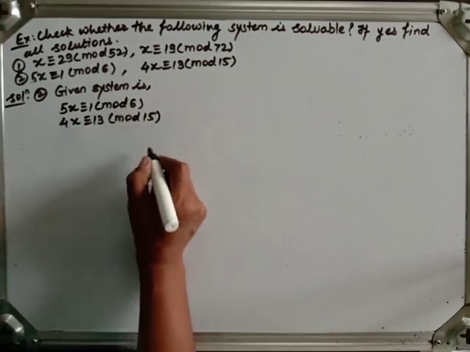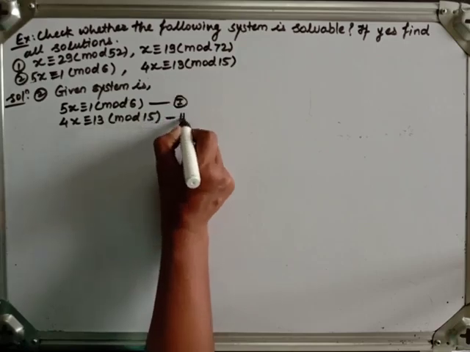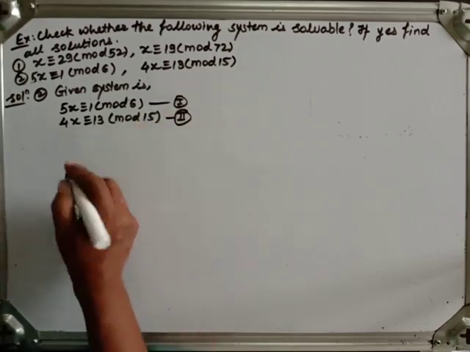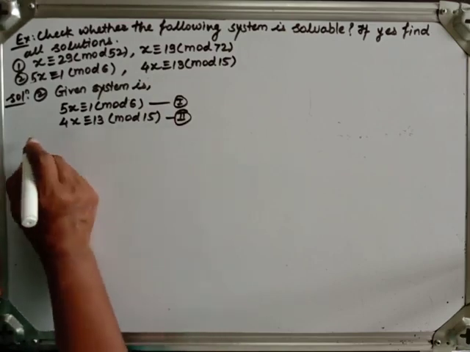Again here 6 and 15 are not relatively prime, so we are unable to apply the Chinese remainder theorem. So convert into a new system, then check whether it is solvable or not.